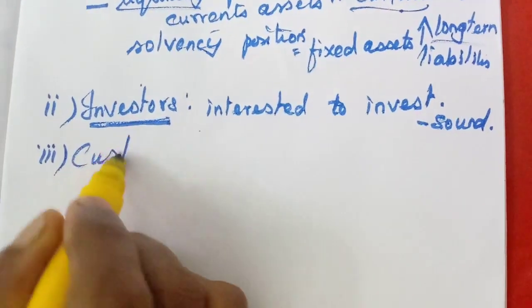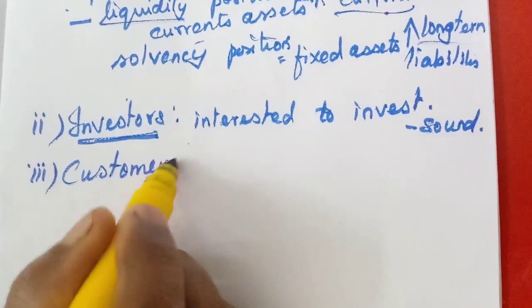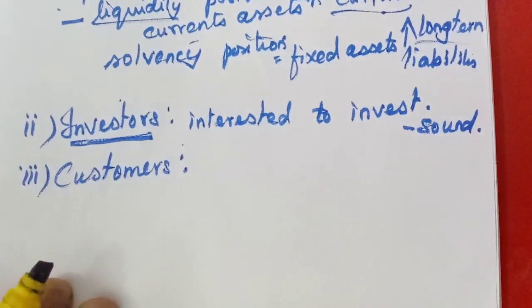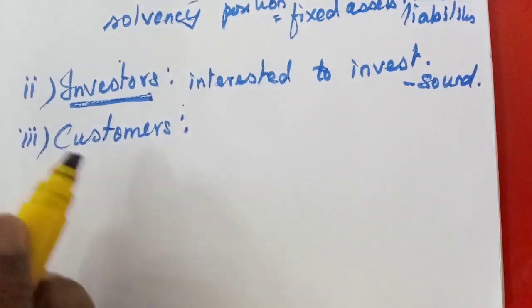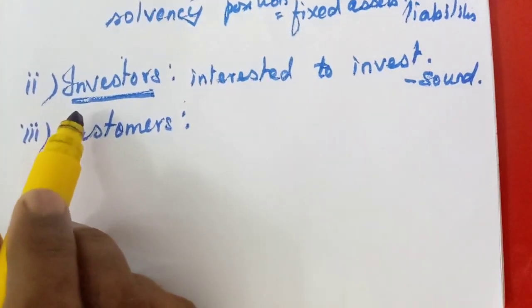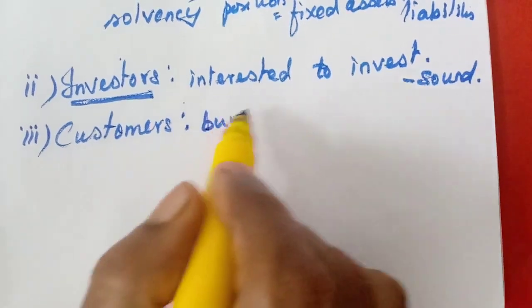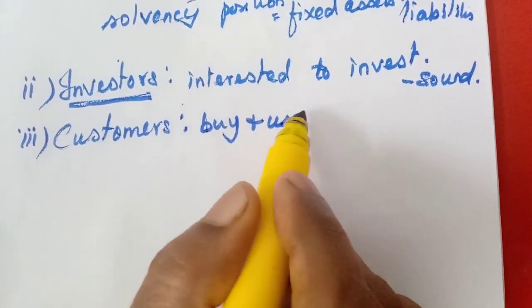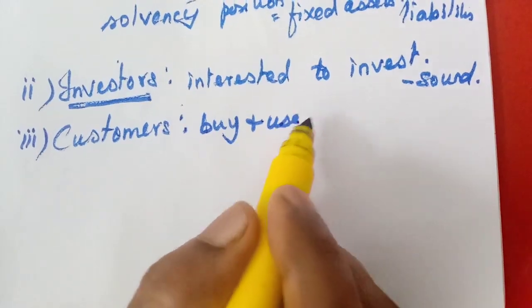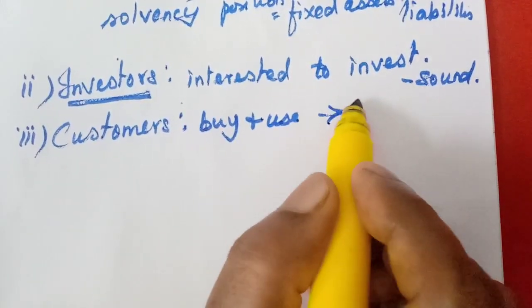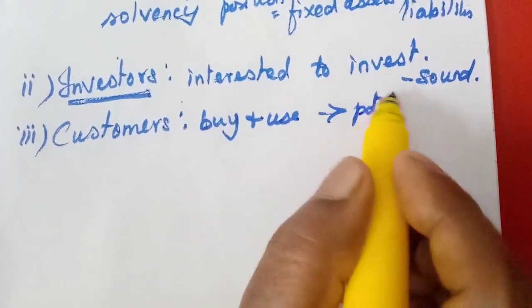Then the third one is customers. Who are customers? In Tamil we say Vadikkaiyalar, isn't it? Those who buy and use the company's products or services.